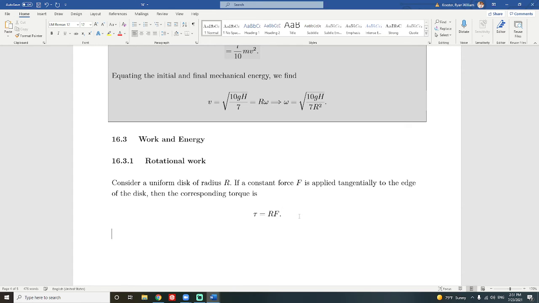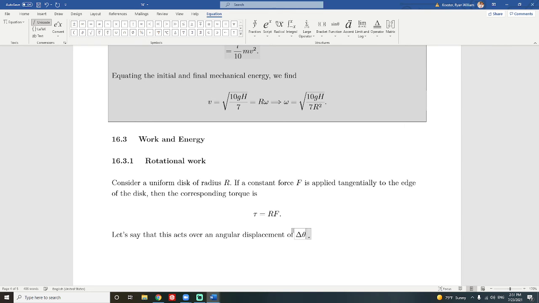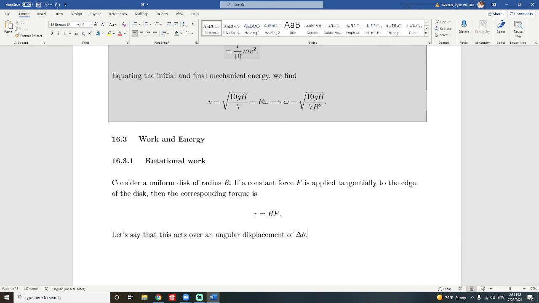So let's say that this acts over an angular displacement of delta theta. So we want to remember this idea of arc length.